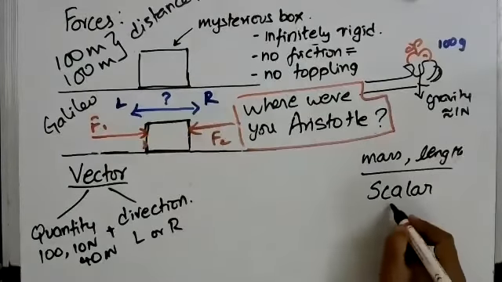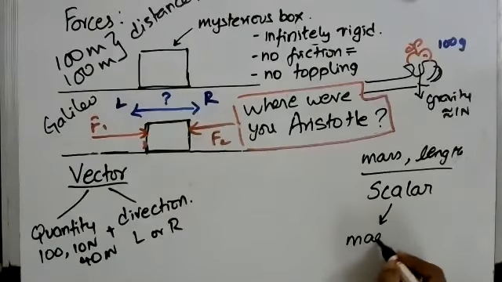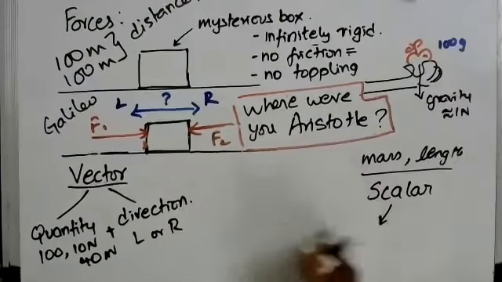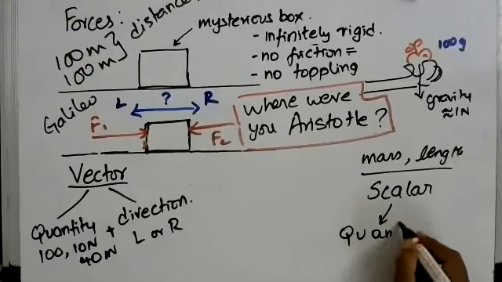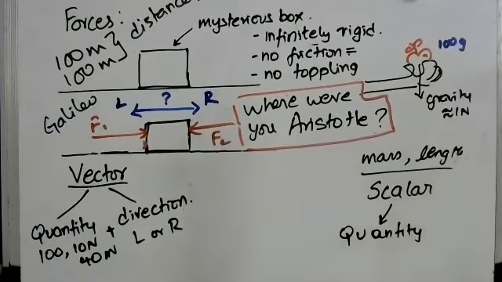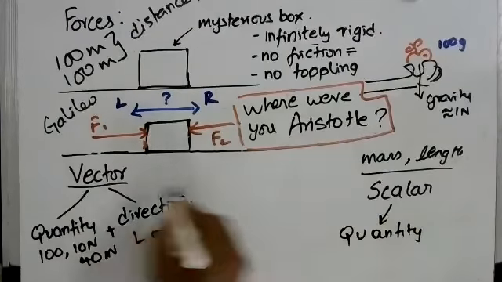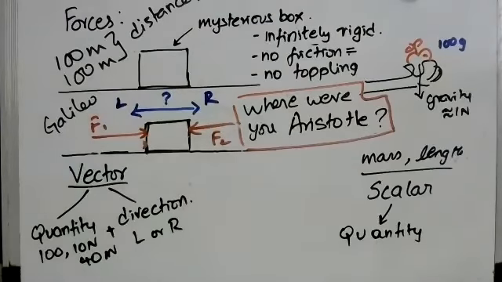Scalar quantities require only magnitude, only quantity. We call it magnitude, but for the time being, I'll stick to call it quantity. Direction is not required.